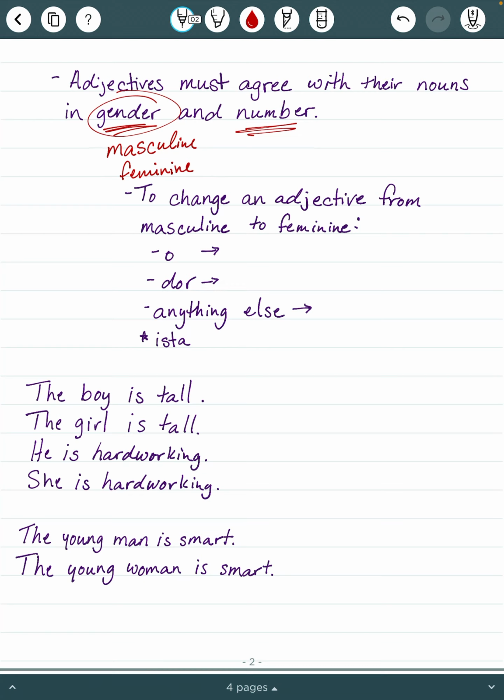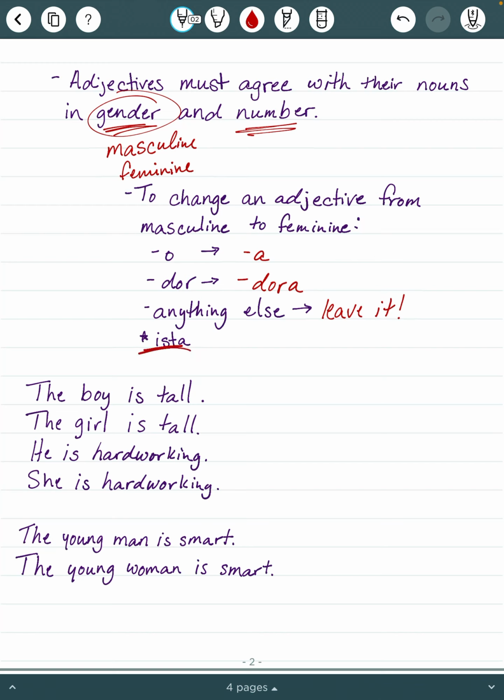So then if our adjective ends in an O, but we're talking about a feminine noun, then I need to change that O to an A. If that adjective ends in dor, but I need to make it feminine, I'm going to change dor to dora. If it ends in anything else, we are going to leave it alone. Now there is one tricky ending for adjectives.